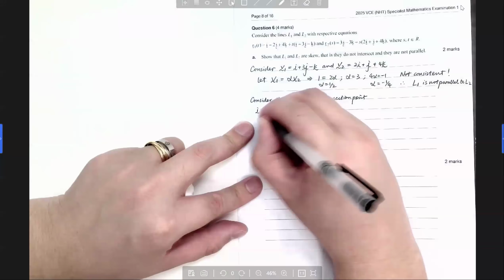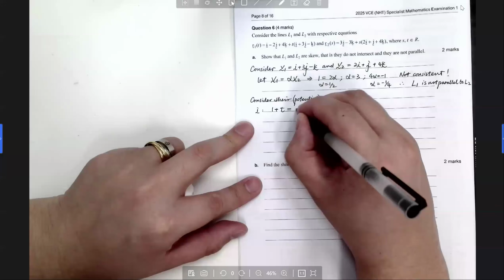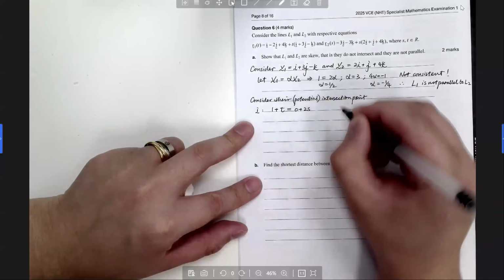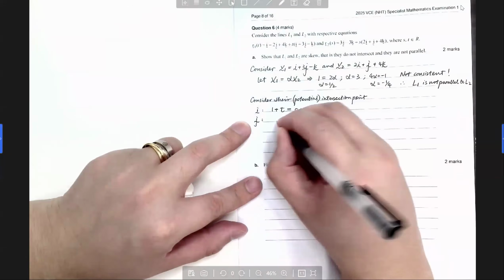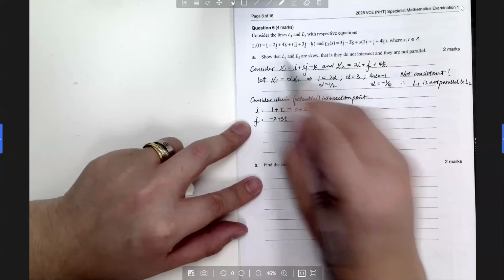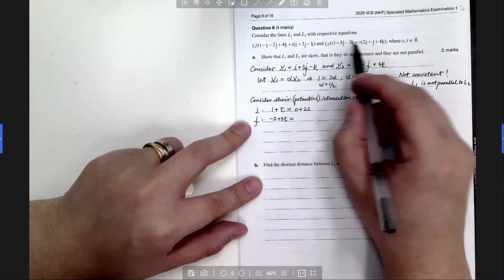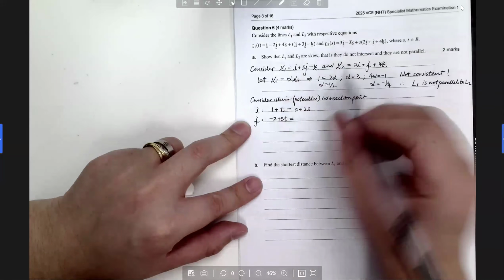The i component, we have 1 plus t equals 0 plus 2s. And the j component, we may have minus 2 plus 3t equated to 3 plus s.